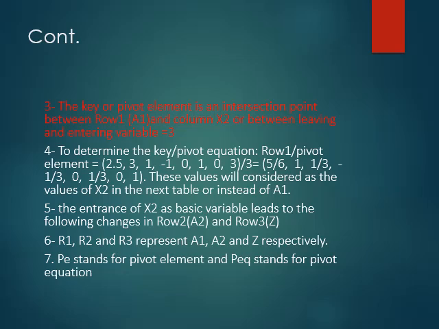This over 3, the result is given as 5 over 6, 1, 1 over 3, negative 1 over 3, 0, 1 over 3, 0, and 1. These values will be considered as the values of x2 in the next table, instead of A1. Okay.